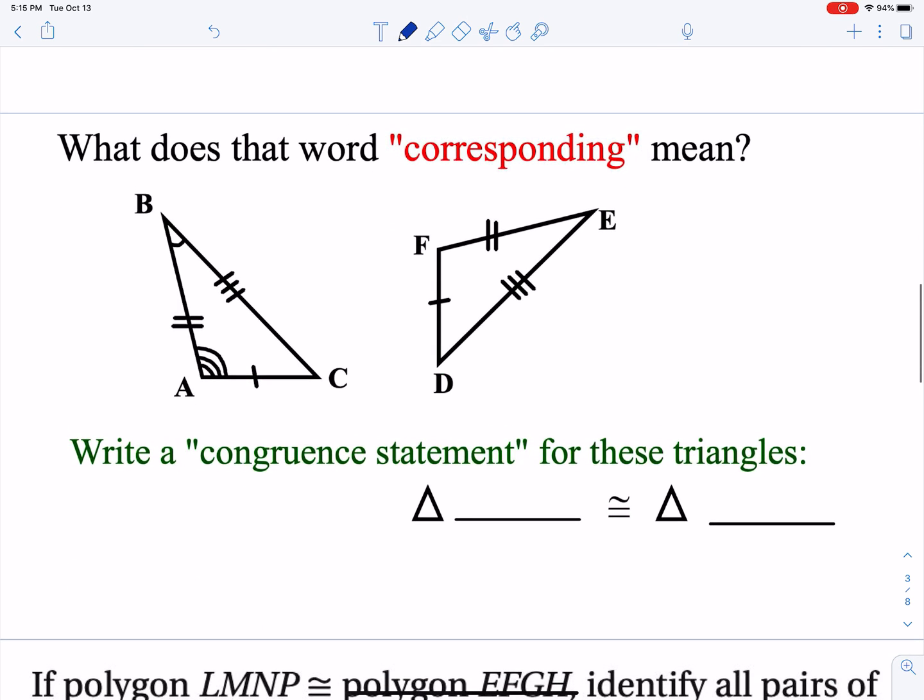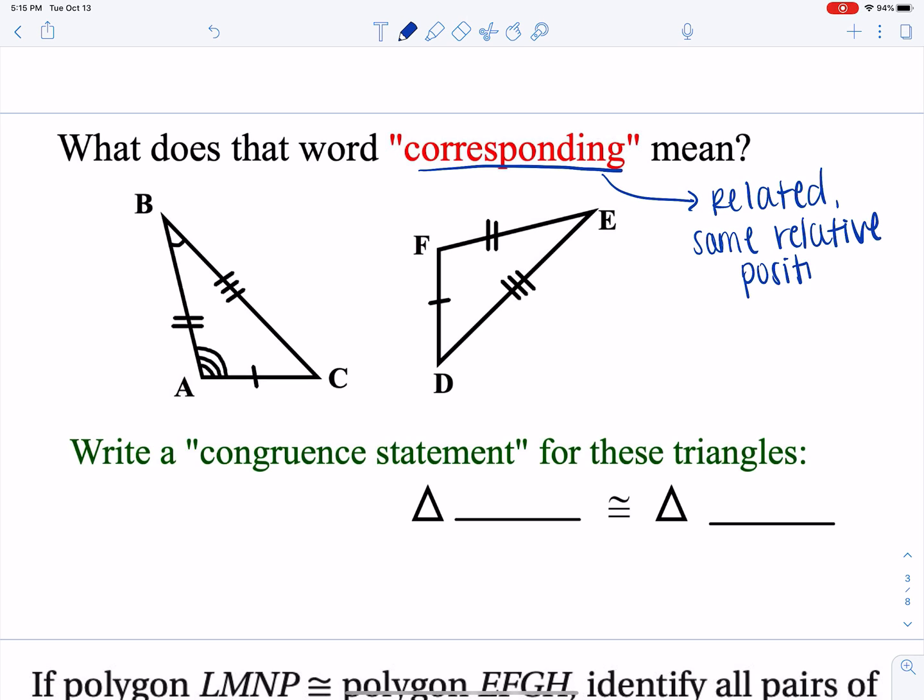Let's dig in a little bit with what the word corresponding means. It talks about parts of the figure that are related to each other. We might say corresponding parts are in the same relative position. So when I think about angle B here, angle B would correspond with what angle in the other triangle?